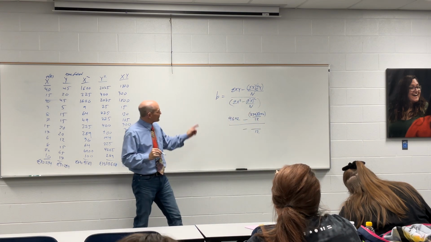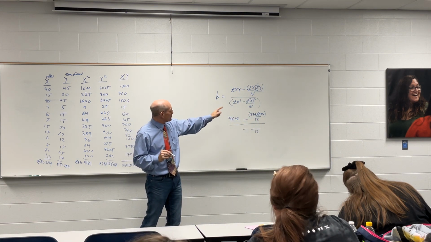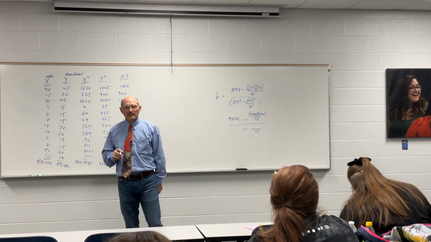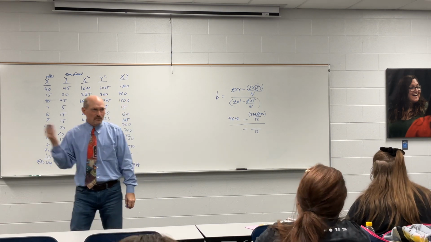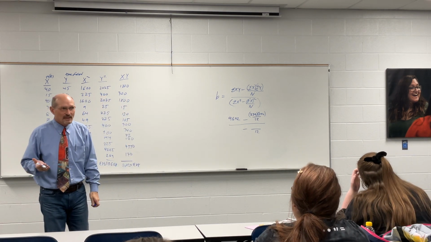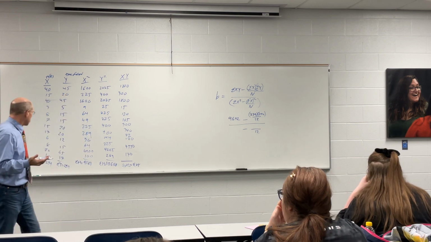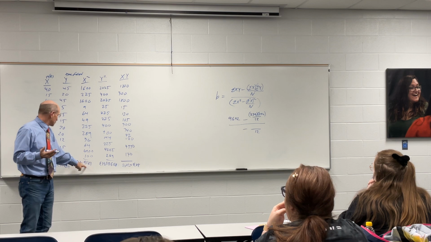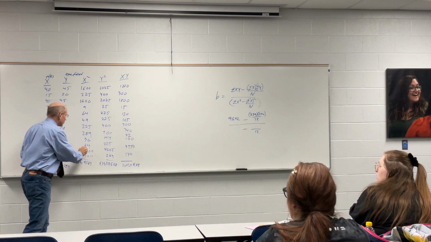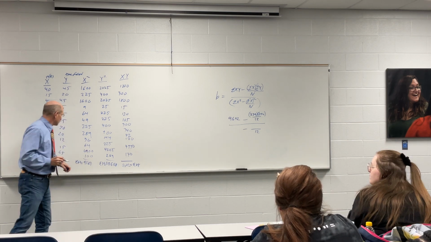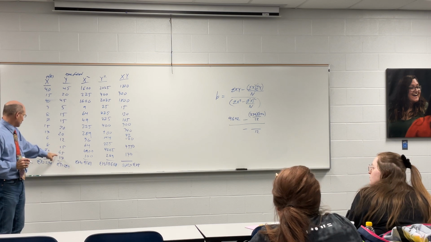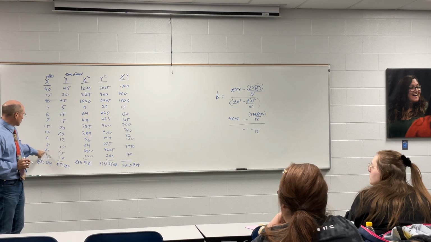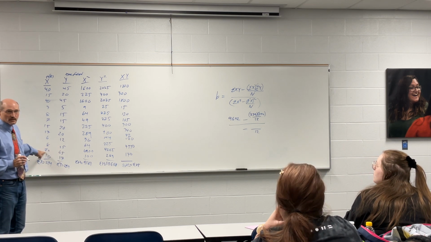Does it matter if I go 239 times 294 or 294 times 239? It doesn't matter because you're multiplying. It's commutative, so the order makes no difference. 4,900, where? That's 70 squared.